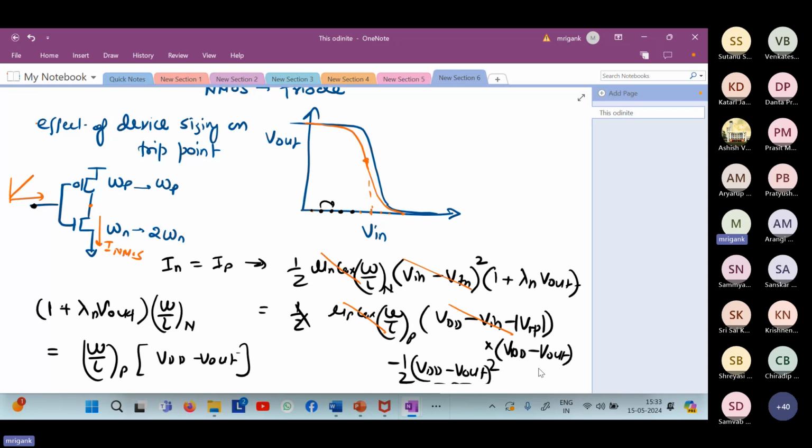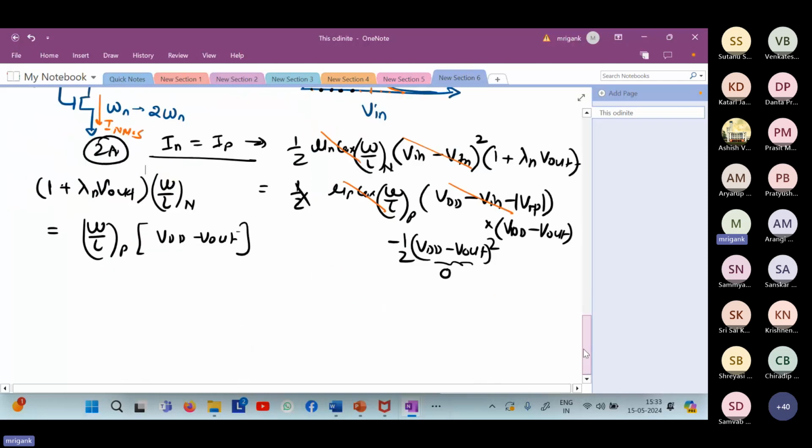Here I have made some assumptions, assuming that we are somewhere in the very beginning of the transition region, in region 2A. Remember that this equation is for the 2A region, as per our earlier discussion. Now going further, we can simplify this.